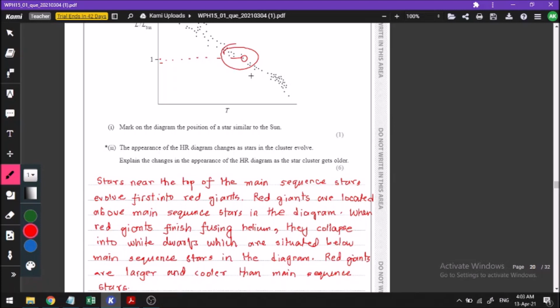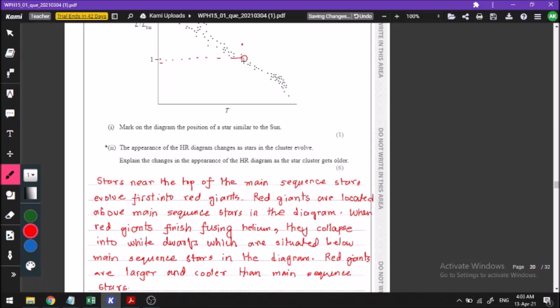Once the main sequence star uses up all its hydrogen, it converts into a red giant. The red giant fuses helium, and this red giant is somewhere slightly above the regular main sequence star. So if this is a regular main sequence star, once it gets converted into a red giant, it will be positioned somewhere over here.